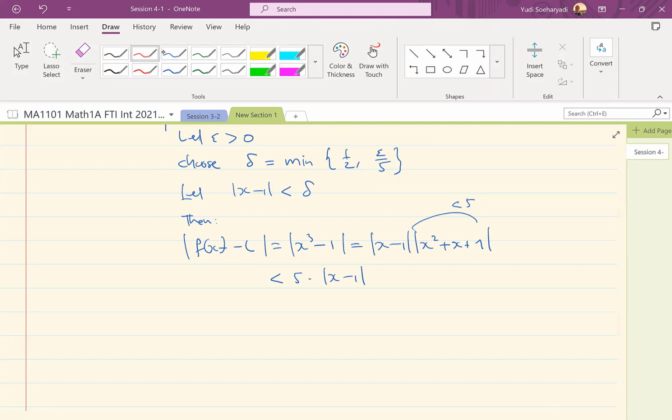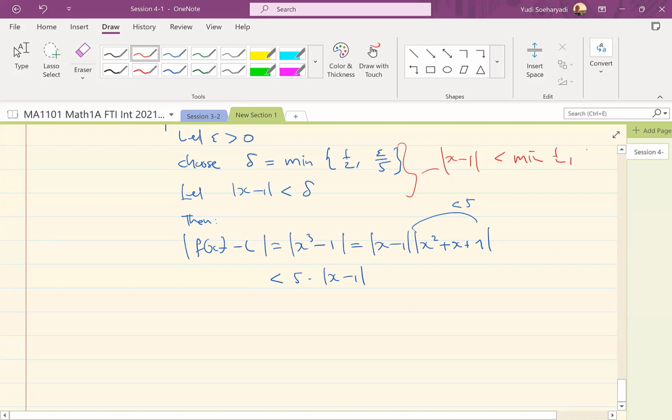All right. So what this means is that absolute value of x minus 1 should be less than the minimum of 1/2 and epsilon over 5. It means x minus 1 is less than 1/2 and x minus 1 is less than epsilon over 5.